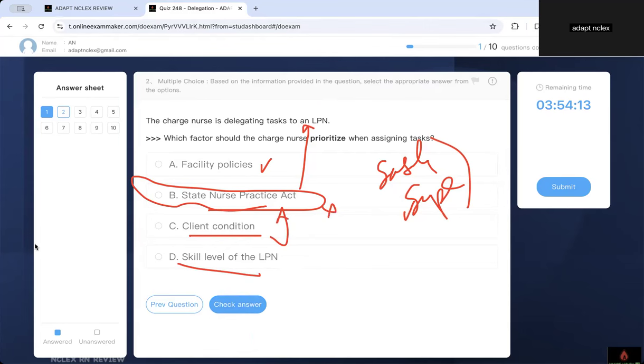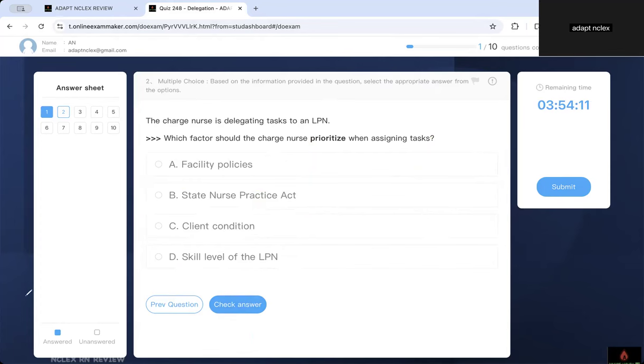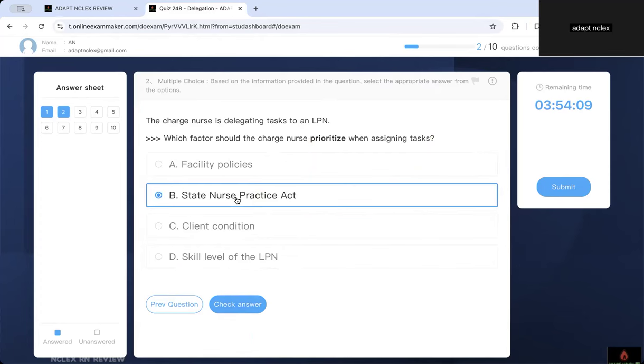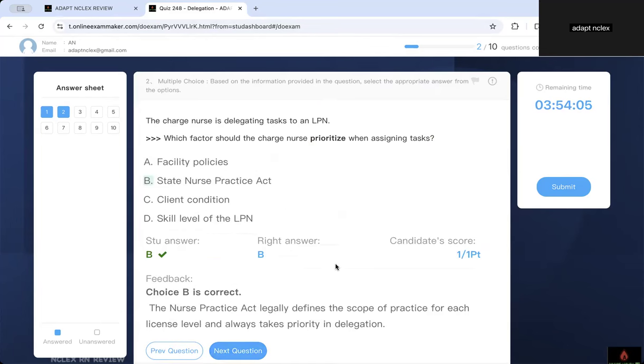Therefore, which one are you going to take? The right answer, as usual, is the State Nurse Practice Act, your legal authority that tells you what you can do. When you get to the hospital, yes, they can tell you if you're experienced, they can give you specifics, but every time they have to go by your scope of practice.